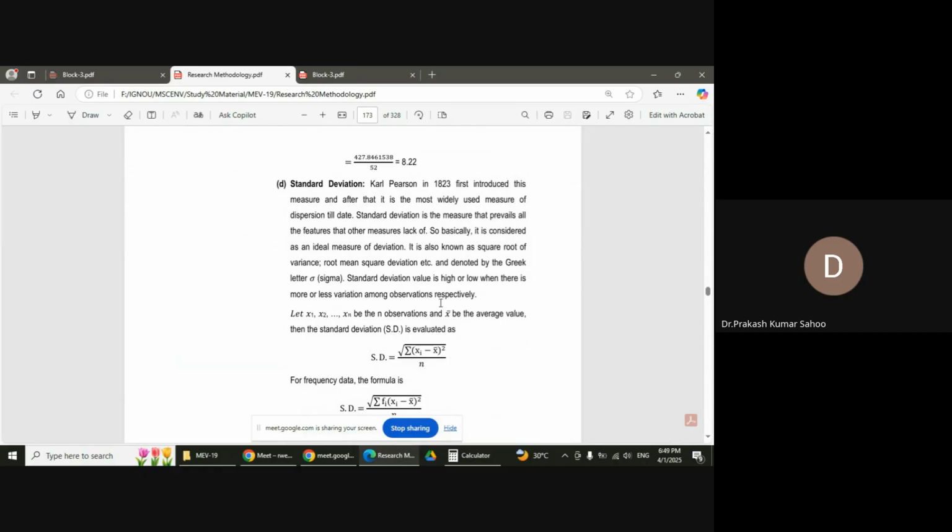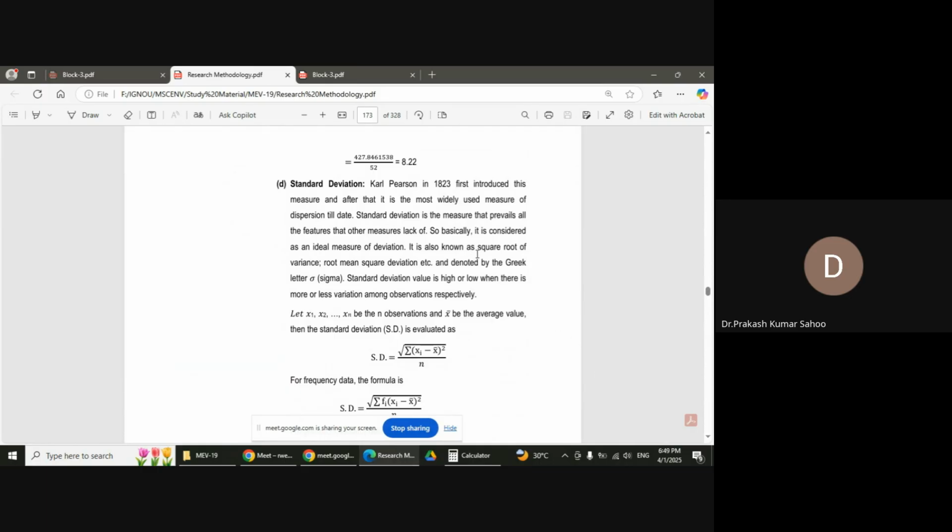The standard deviation is very popular, and this term was coined by Karl Pearson in 1823. It is the measure that has all the features that other measures lack. So basically, standard deviation is considered an ideal measure of deviation.